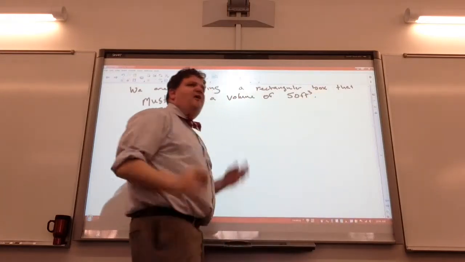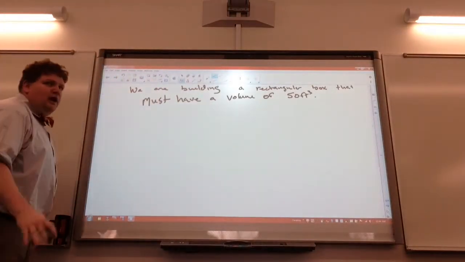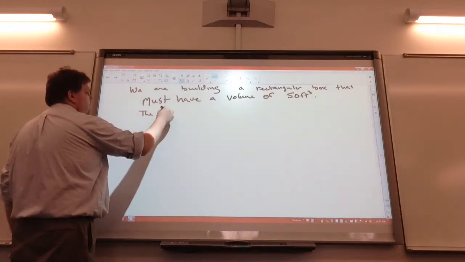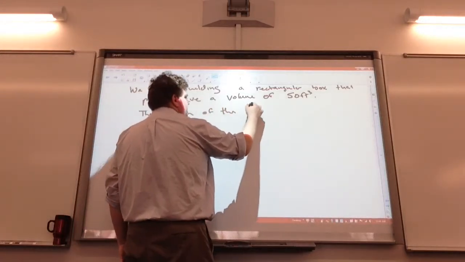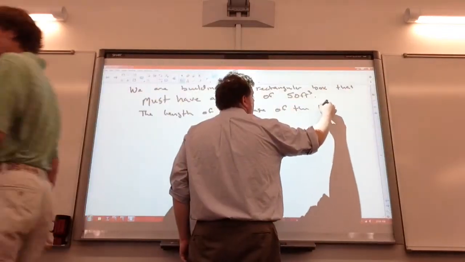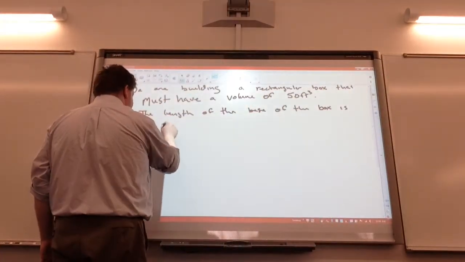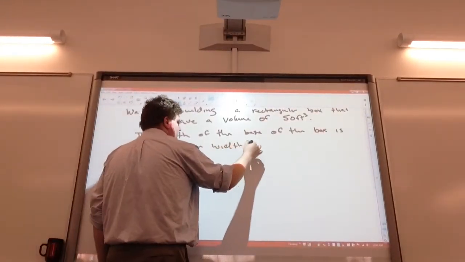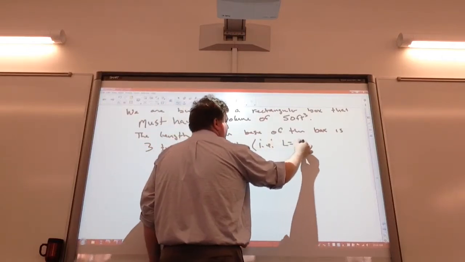So the volume of the box must be in cubic feet. One other thing about this box is that the length of the base of the box is 3 times the width. So that is L equals 3W.